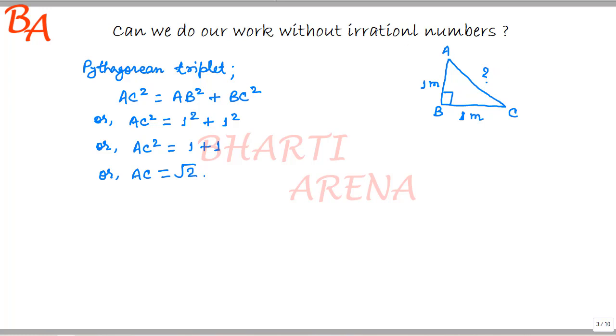So this AC will be root 2. Can you measure this AC correctly? Certainly not. But we need it to express the length of AC. Therefore, irrational numbers are needed for doing our calculations.